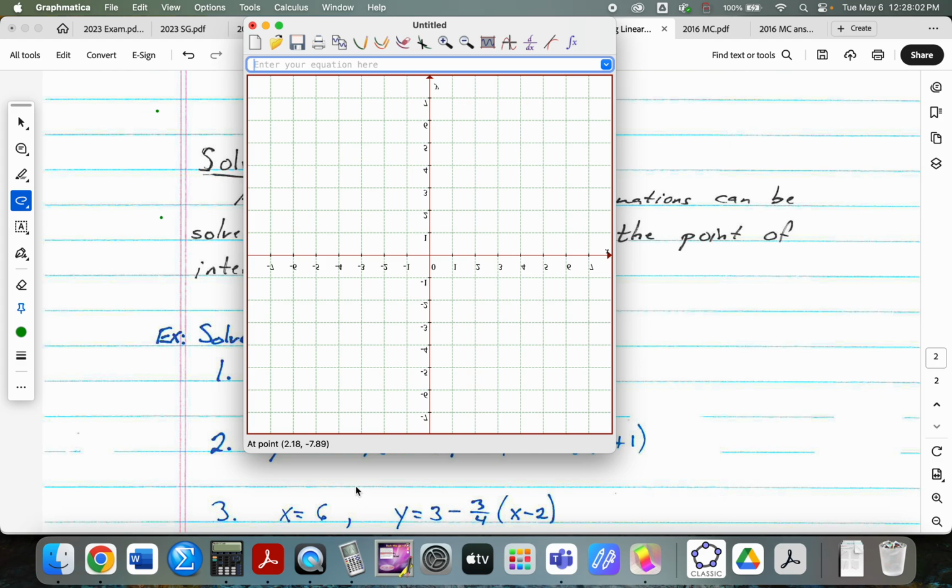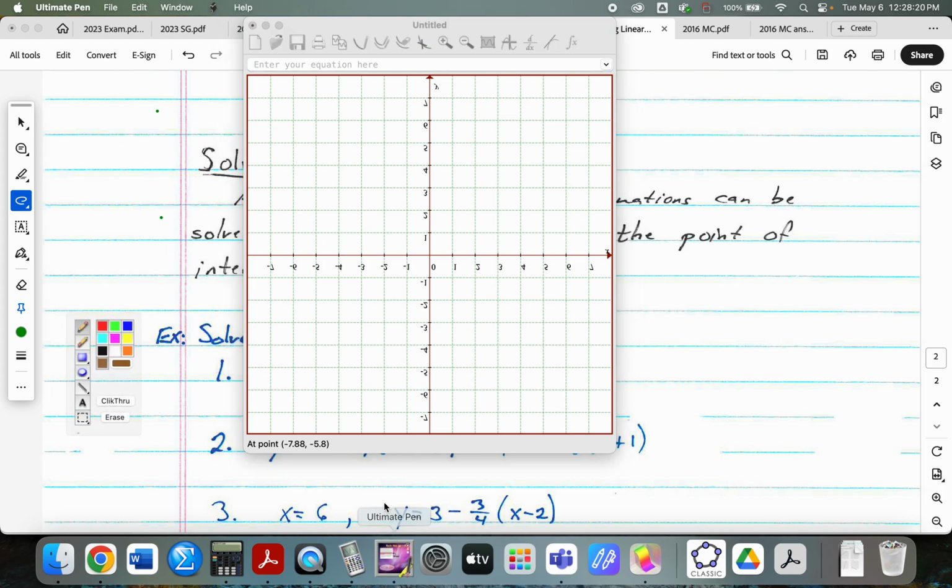But the instructions here said solve it by graphing. Why wouldn't I graph it? Because all I've got to do is substitute the 6 in over here and then crunch the numbers to find the y, and that doesn't take very long. But we'll go ahead because it said show this by graphing.